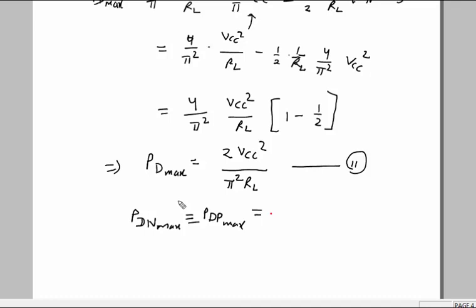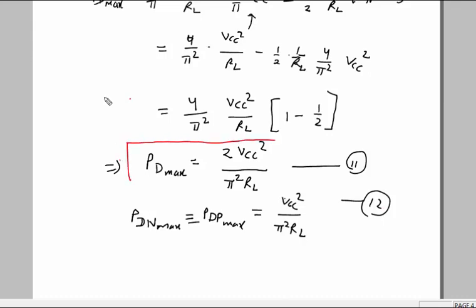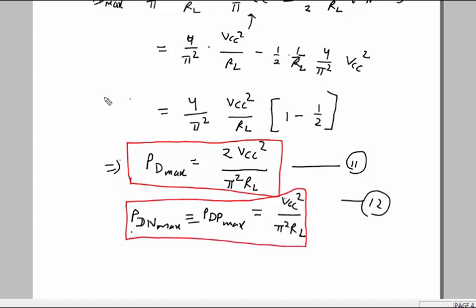Okay, so half of equation number 11, which will be VCC square by pi square RL. Let's call it equation number 12. So these two equations give us the maximum power dissipation. This is the total power dissipation, equation number 11, and this is the individual power dissipation for maximum for QN and QP, which they should be able to withstand.